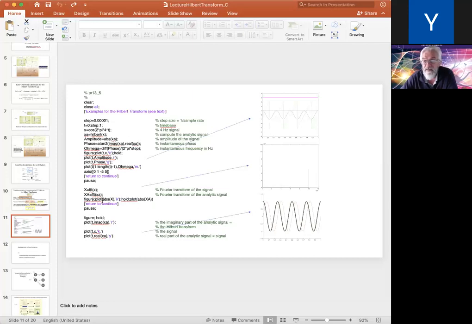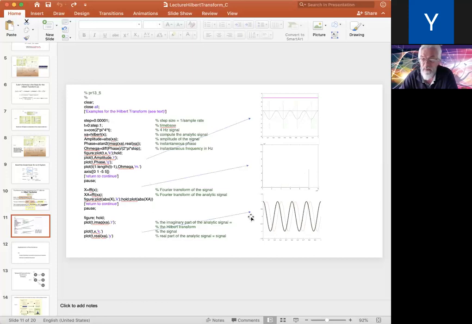And basically I plot here in this case the absolute values of the Fourier transform. And here you can see the other part is not very visible. Here you can see that there is only energy in the positive part of the spectrum, just as in that figure that we discussed.